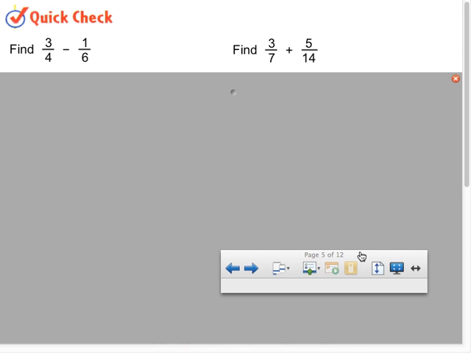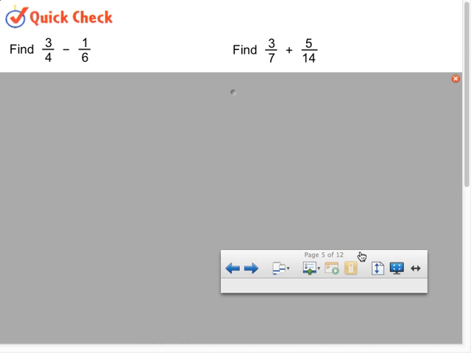For the first one, what's the LCD of the first problem? It's the first one. 12. What's the LCD for the second one? 14.